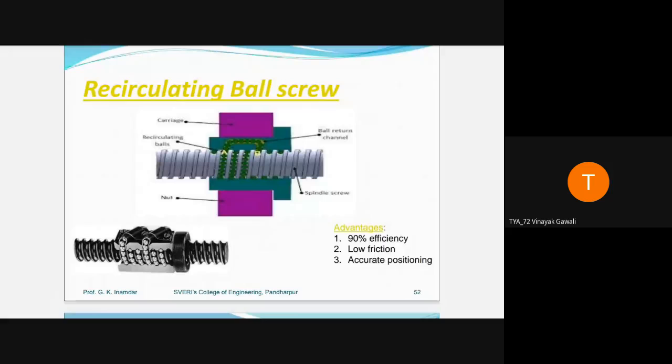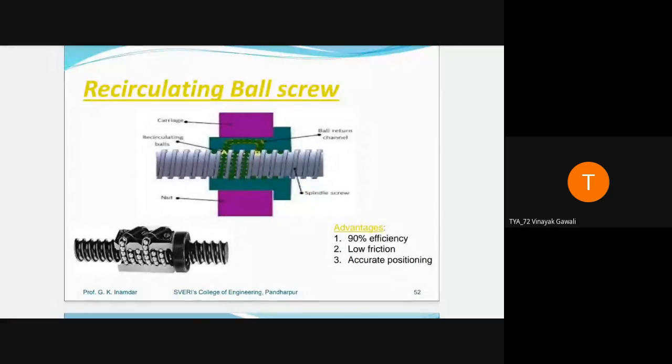Advantages of the recirculating ball screw are 90% efficiency, low friction, and accurate positioning. 90% efficiency: what is efficiency? Efficiency is nothing but output divided by input.